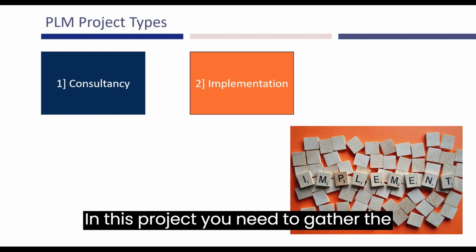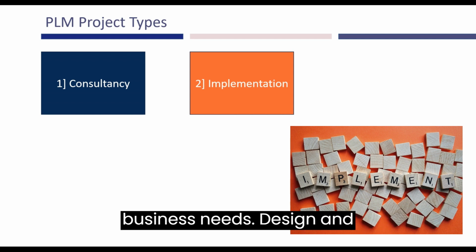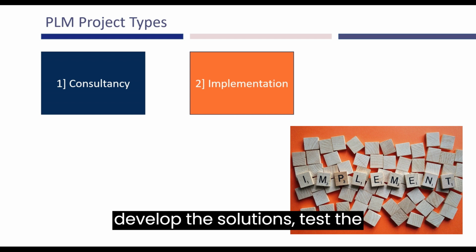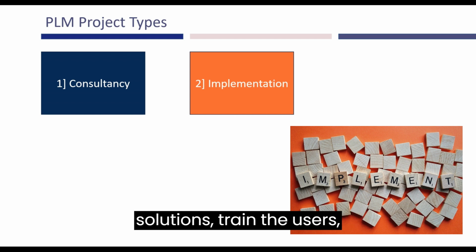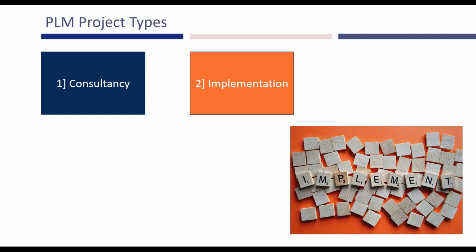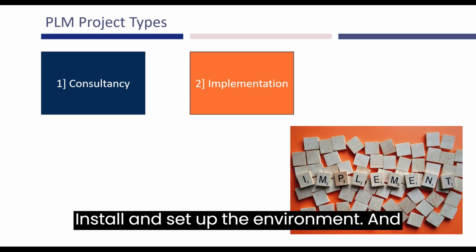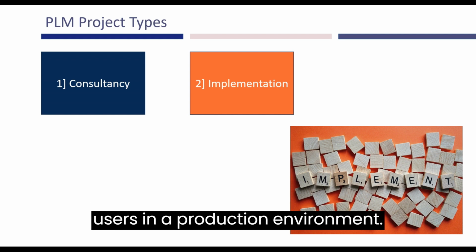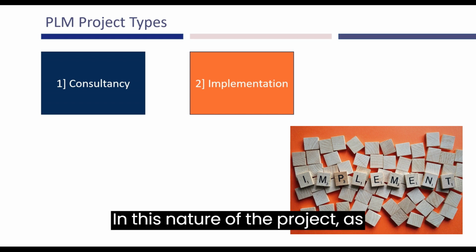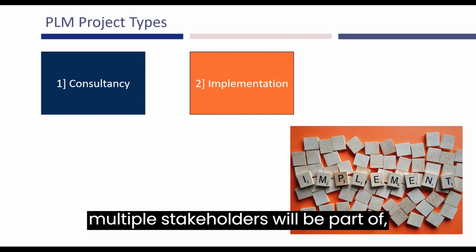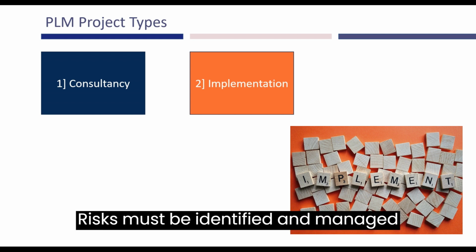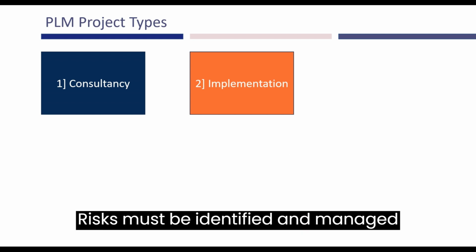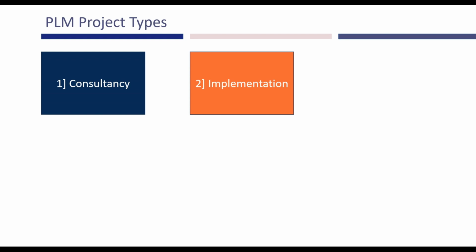In this project, you need to gather the business needs, design and develop the solutions, test the solutions, train the users, install and set up the environments, and deploy the solutions for all the end users in a production environment. In this nature of the project, as multiple stakeholders will be part of it, risks must be identified and managed proactively.